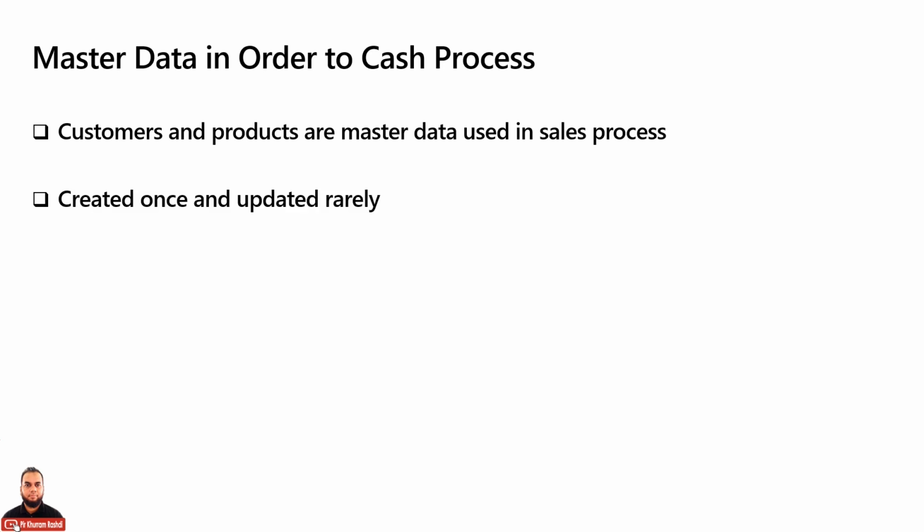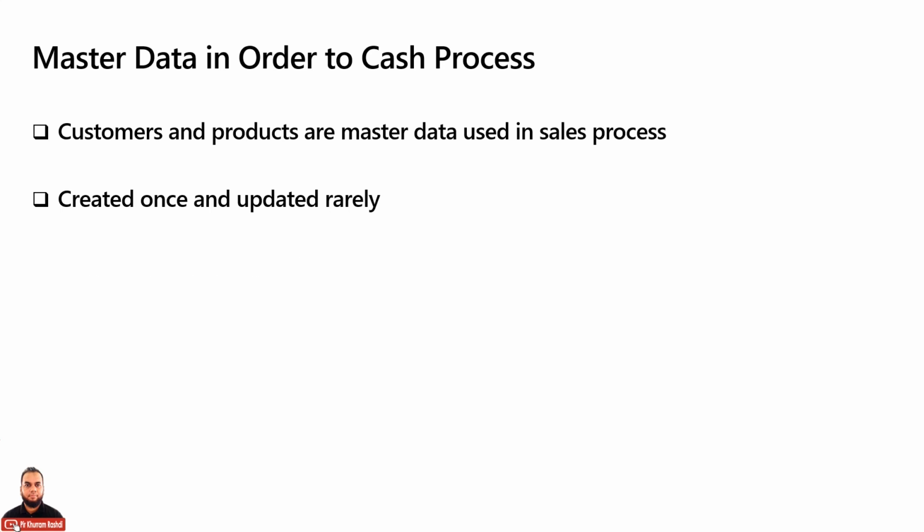Once the master data is created, it is updated only rarely, whenever required. For example, if the delivery address of the customer changes, that can be updated, or if terms of payment change, which is not frequent. Even if the data is set and initialized on the sales order, you can still override the details which are copied.